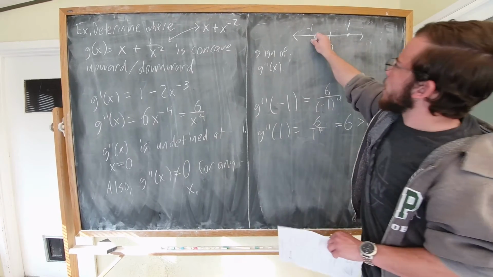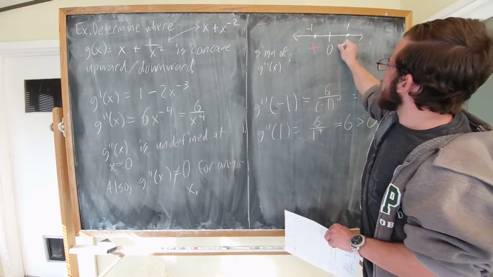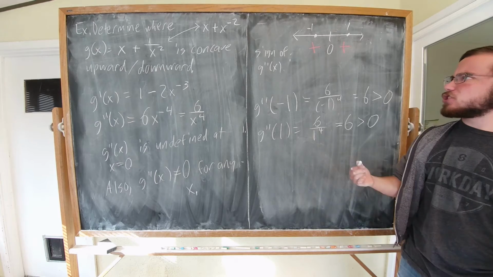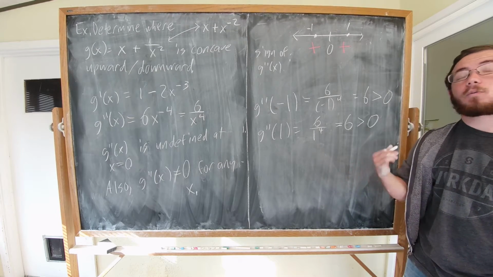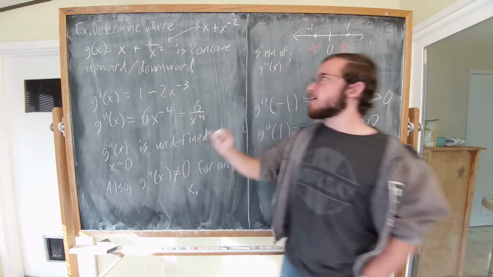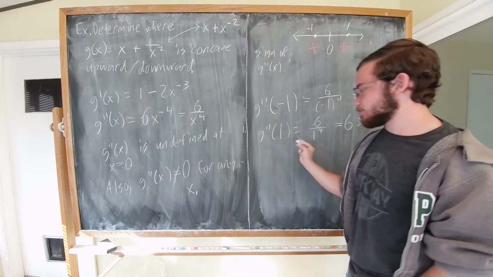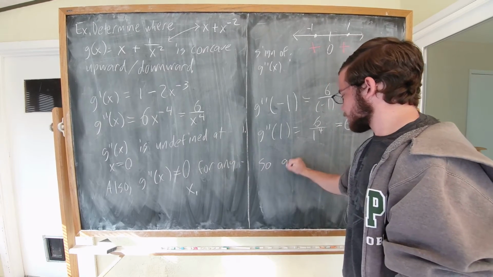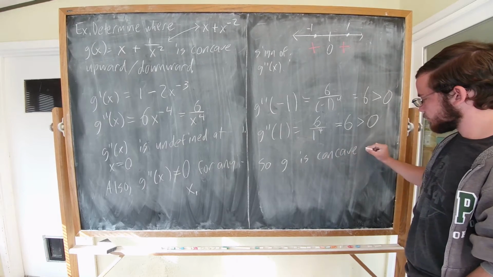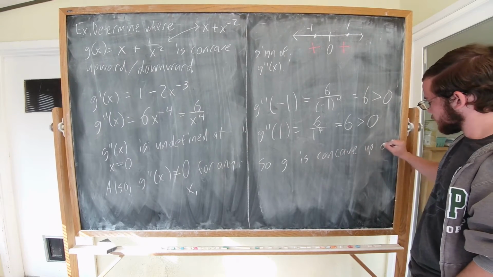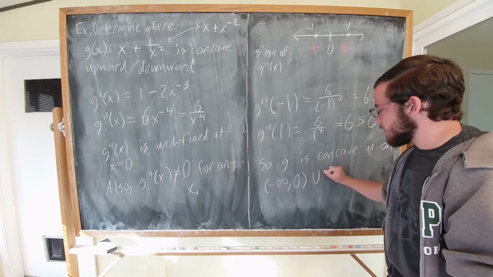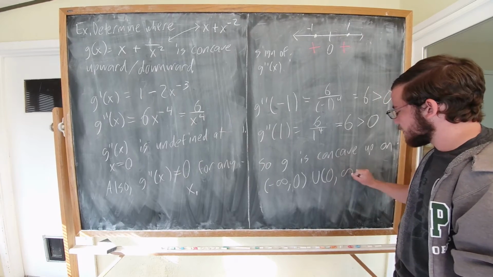So, g double prime of x is positive on both sides of 0. That means that g of x is going to be concave upwards everywhere except at 0. So concave up on negative infinity to 0, union 0 to infinity.